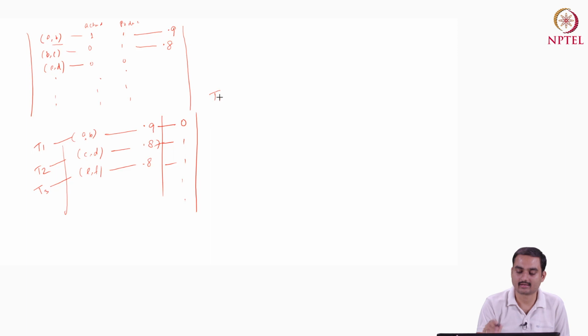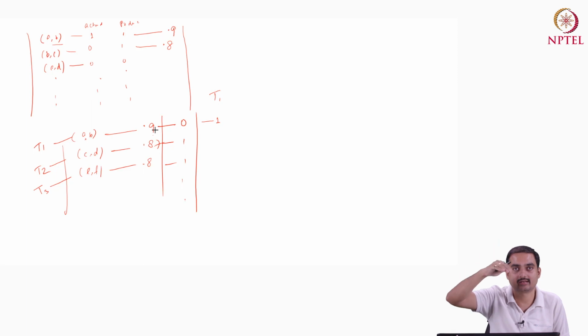Let us first look at T1. This is T1 and the confidence is 0.9. I will assign all the instances as positive whose corresponding confidence value is greater than or equal to 0.9. So my threshold is 0.9, and whatever is on and above 0.9 will be assigned 1.